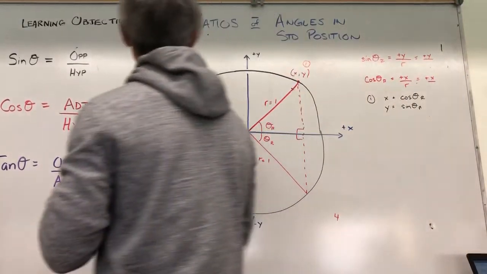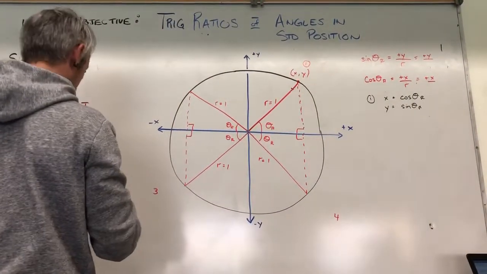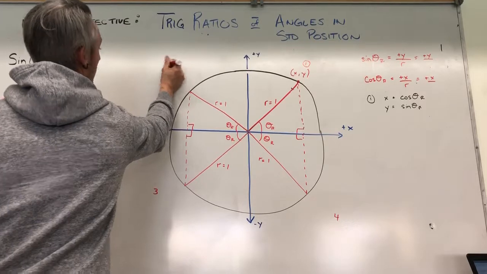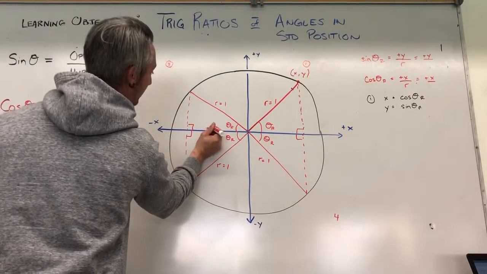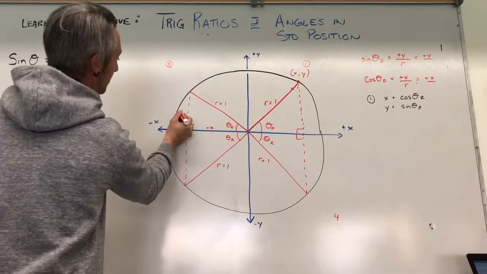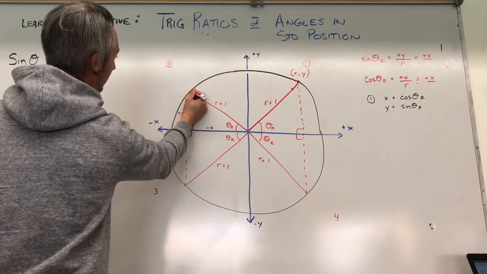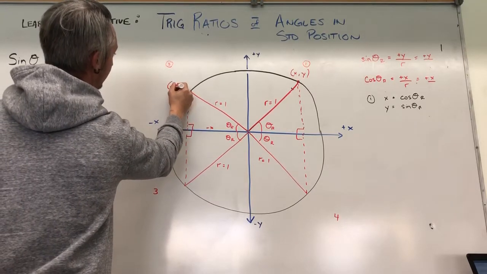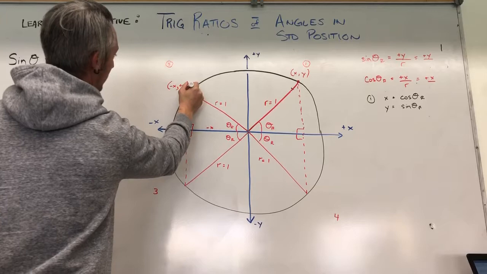How about in quadrant 2? Well, in quadrant 2, I'm in negative x territory, but I'm still in positive y territory. So I'm going to have a negative x coordinate and a positive y coordinate.